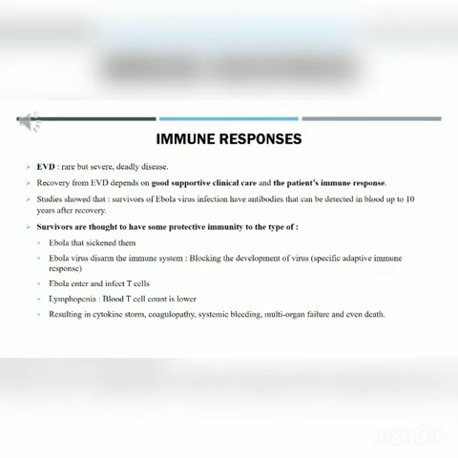Now I'm going to explain briefly about the immune response to Ebola virus. The particularly aggressive nature of Ebola virus stems from its ability to rapidly disarm the infected person's immune system, proof that Ebola is a very severe and deadly disease.